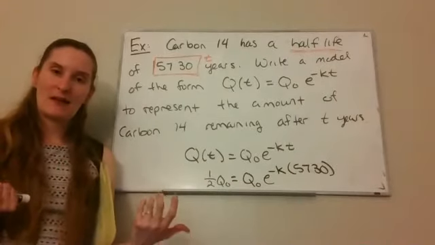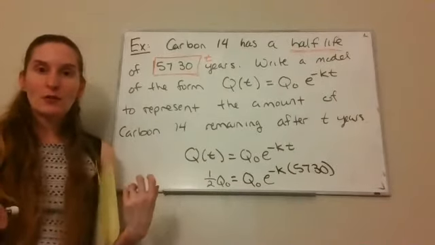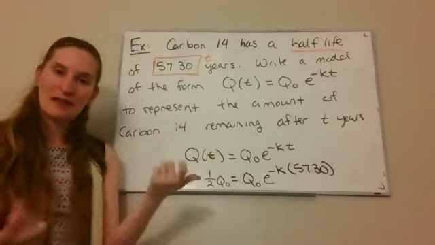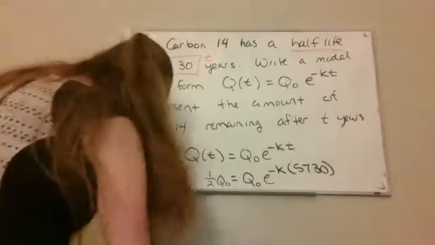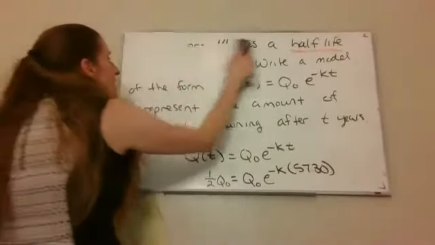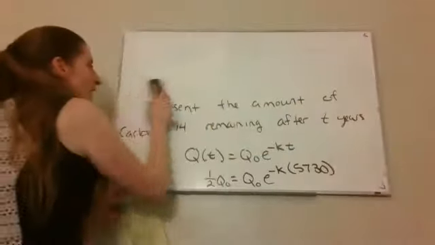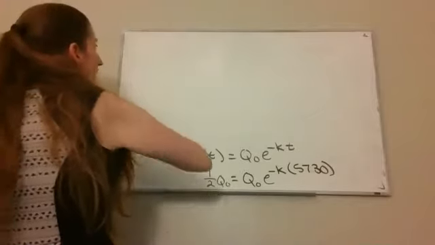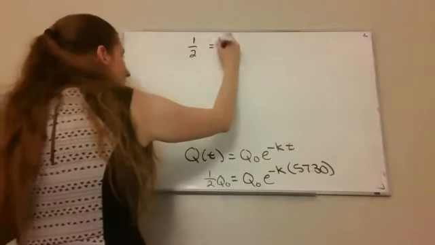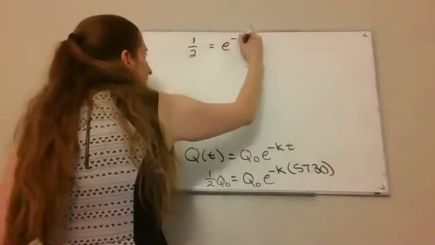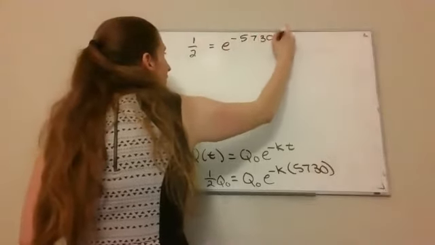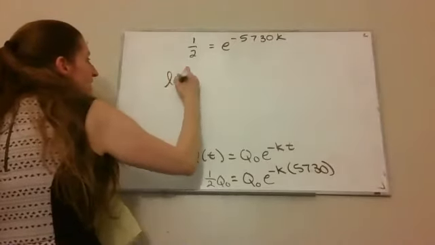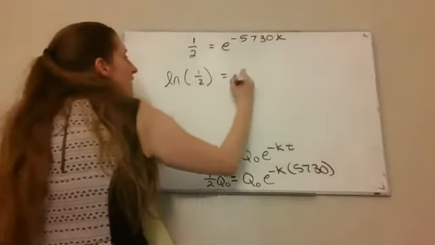That looks kind of scary, but the very first thing we're going to do when we're trying to solve for this k is divide both sides by Q0. So that's going to end up canceling out. So when I divide both sides of the equation by Q0, I get 1/2 equals e to the negative 5,730k. To figure out what that k is, take a natural log of both sides.